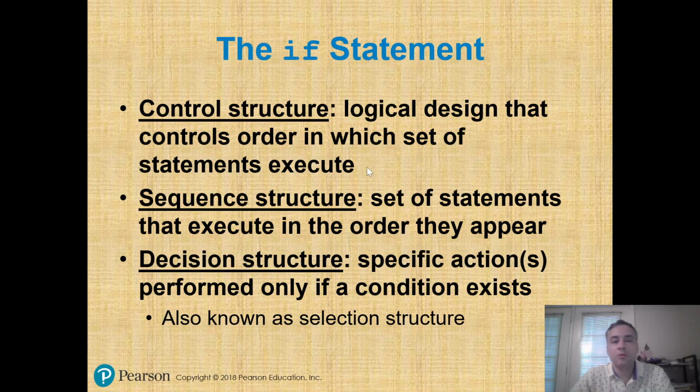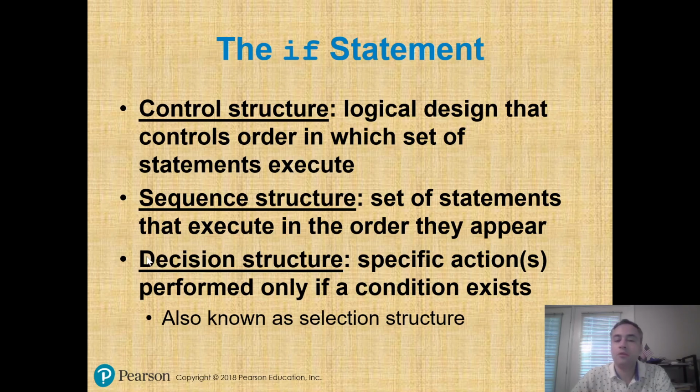In general, a control structure is a design that controls the order in which the statements execute. So far, we have seen only one design, sequential design, that is statements are executed one by one, and every statement has to be executed before the next one.